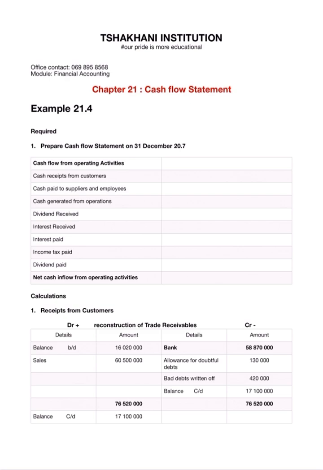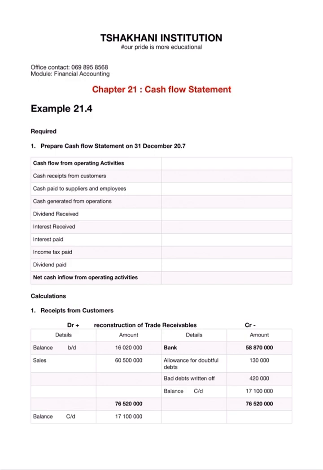We need to construct a T account called the reconstruction of the trade receivables. This account is an asset, increase on the debit and decrease on the credit. The format of this account is that you need to have a balance brought down on the debit, you need to add the sales. And then on the credit, the bank is the one that you are looking for. That is the cash receipts from the customers.